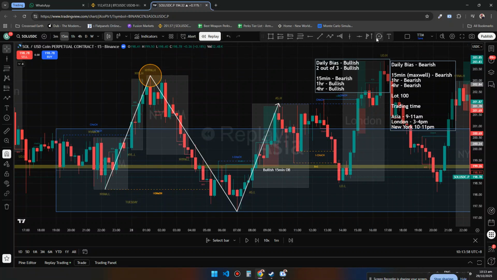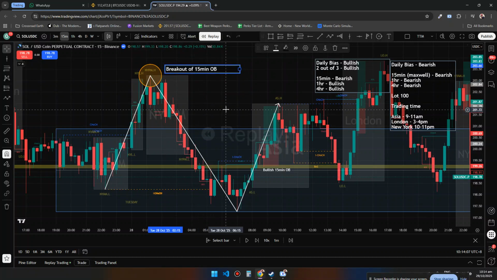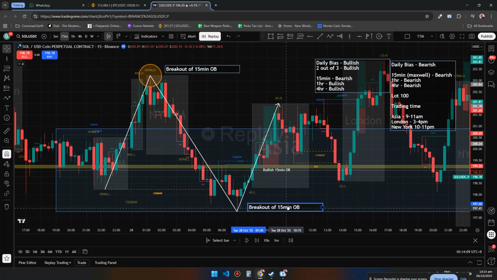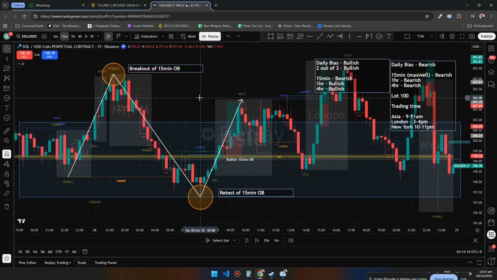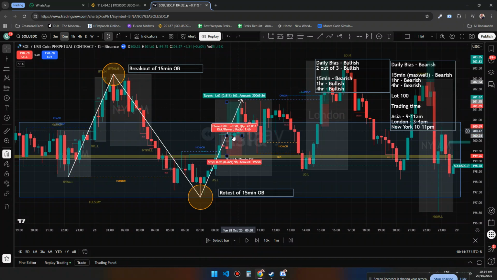All right, so this is the breakout of 15-minute OB, and then there's a retest of 15-minute OB. So when the strategy of breakout and retest, this means that there will be a high probability of trade going upwards.